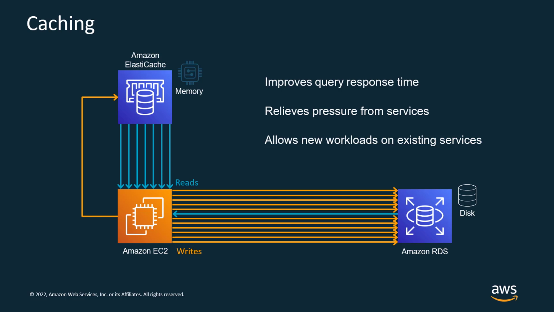Let's say you put Amazon ElastiCache in as a caching layer. In that case, when you write something to RDS, you can offload the read operations to the caching layer. Since the cache will be in memory, it will improve the query response time for your users, and it will release pressure from your data store, Amazon RDS in our case.